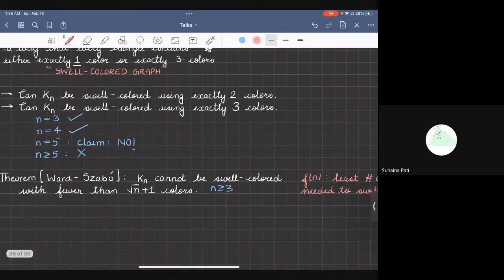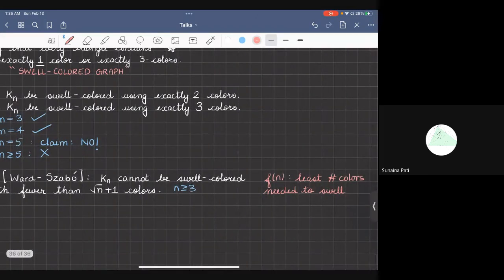I should also say that we shouldn't use one color, because that's also a swell coloring. I could just color everything with the same color, so let's not allow that. Then I'm saying that f(n) is at least root n plus 1. It doesn't exactly say that it's equal to the ceiling of root n plus 1 or something, yet.